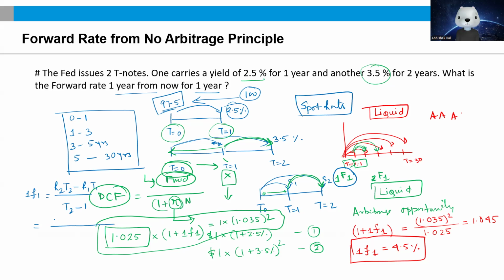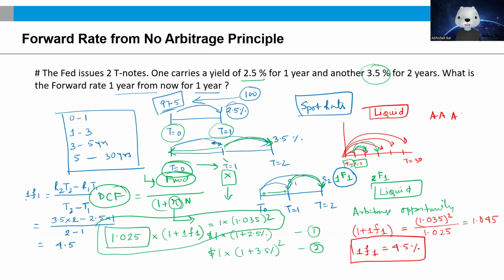R2 here happens to be the bigger interest rate, which is 3.5%. So 3.5 into how many years? For 2 years, multiplied by 2, minus the smaller 1 year interest rate, which happens to be 2.5%. So it is 2.5 into 1, divided by 2 minus 1, that is T2 minus T1. If you do that, you're going to directly get the answer as 4.5%.